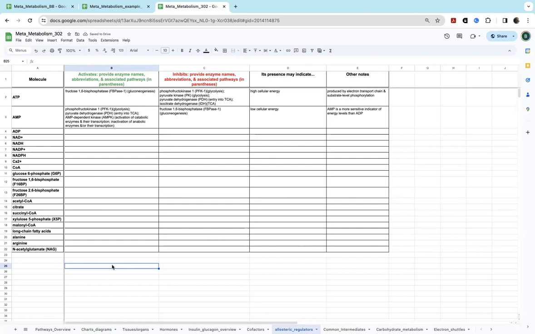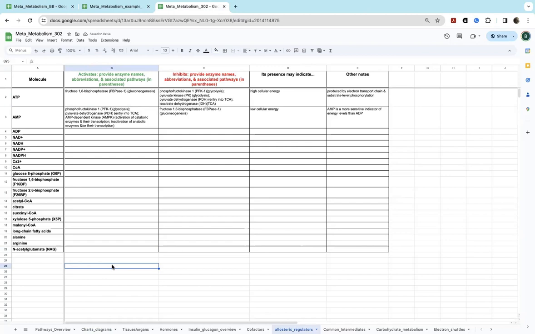If we take a look at some of the molecules that you see as allosteric regulators in metabolism, they tell you about different things. For example, ATP, AMP, and ADP tell you about the energy status of the cell. If you've got a lot of ATP, well, that's going to indicate high cellular energy. And if you have a lot of AMP, that'd be low cellular energy.